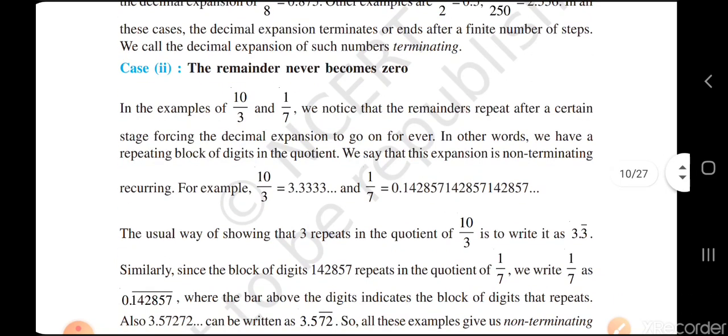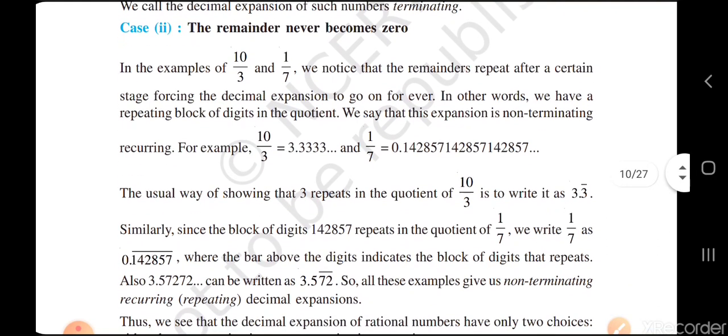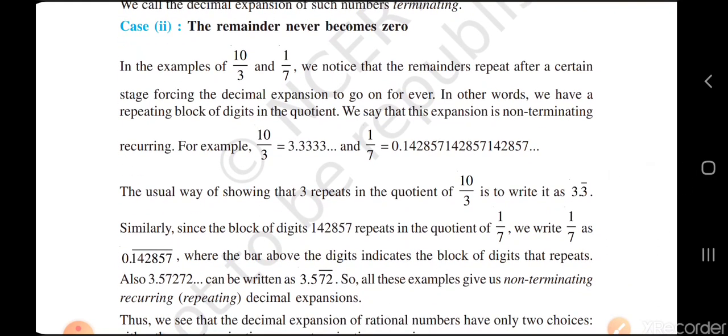Similarly, since the block of digits 142857 repeats in the quotient of 1 upon 7, we write 1 upon 7 as 0.142857 bar, where the bar above the digits indicates the block of digits that repeats.